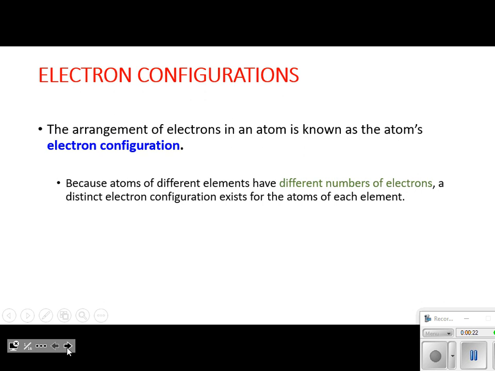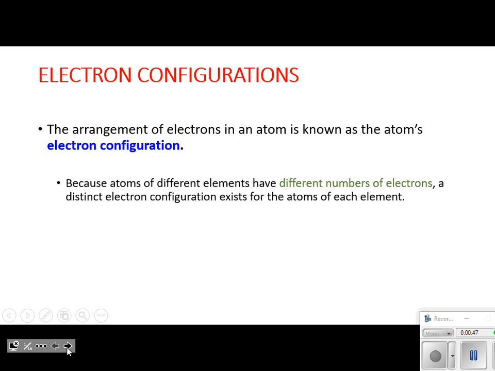Because atoms of different elements have different numbers of electrons, a distinct electron configuration exists for each element. I said yesterday that these electron configurations are like fingerprints, okay? Oxygen has its own fingerprint.